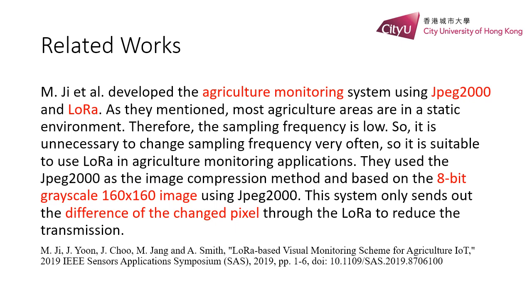They use 8-bit grayscale and set resolution to 160 times 160 pixels. Because the image is mainly taken static image, they only send the discrepancy image to further reduce the image size.